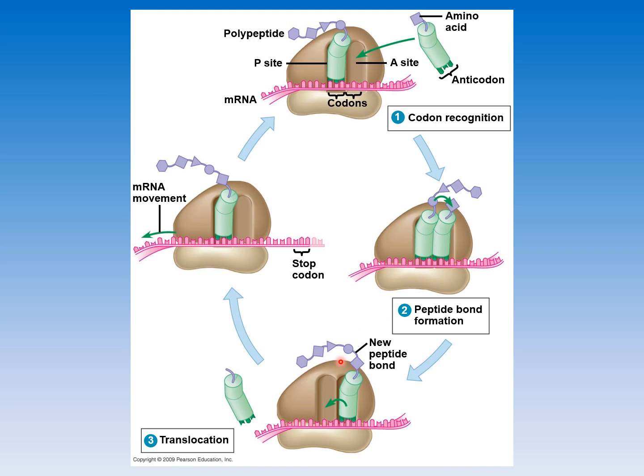P site's empty, gets kicked out, A moves to P. A is empty, new tRNA, bring in an amino acid, form a peptide bond. tRNA gets kicked out of P, P's empty, A shifts to P. A is empty, new tRNA. And this just keeps going round and round until it reaches that stop codon.